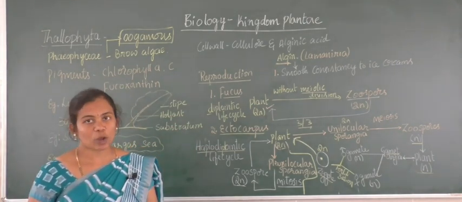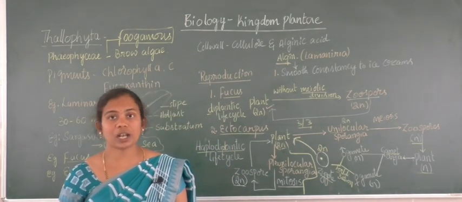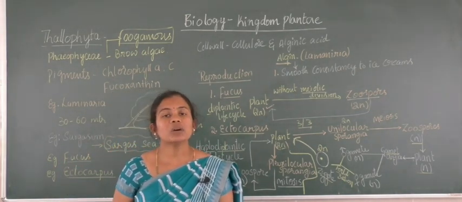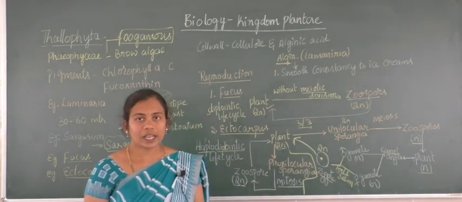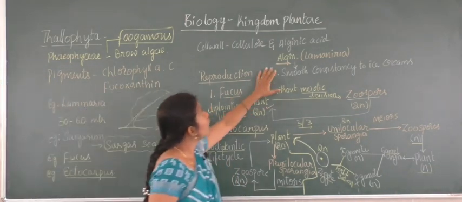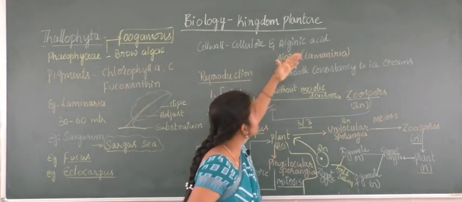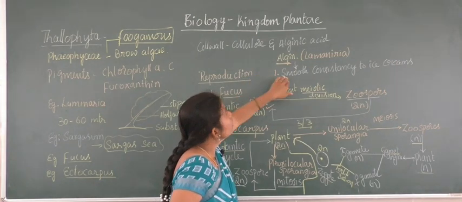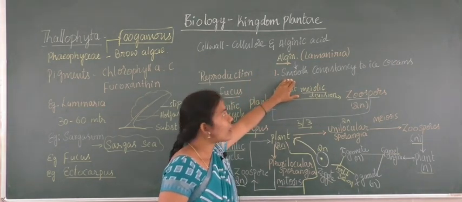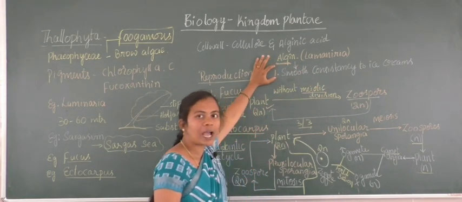When it comes to economic importance, there is a very large increase in the commercial usage of these organisms. Laminaria has an algin component, which is extracted from Laminaria itself. That's why the ice creams which have a smooth consistency get it from the addition of algae.